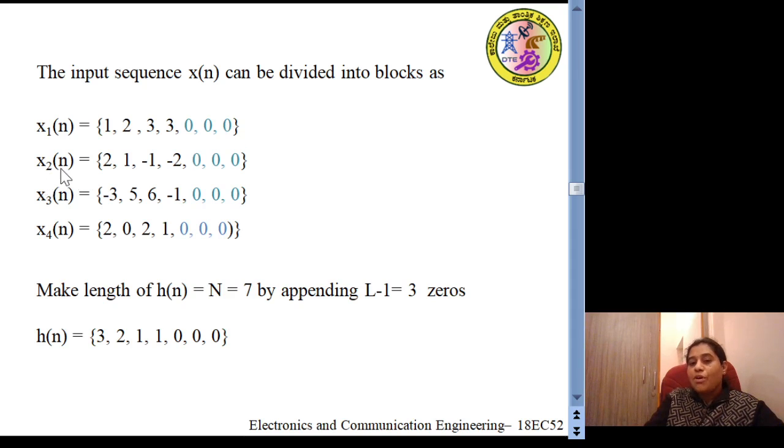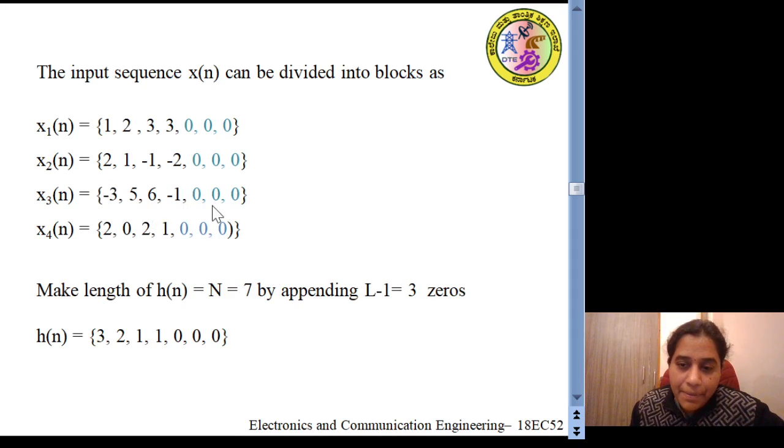Similarly, x2 of n has the next 4 samples of x of n, 2, 1, minus 1 and 2. And these 3 zeros are appended to make the length of x2 of n as 7. Next, x3 of n, the third block of input, has the next 4 samples, that is minus 3, 5, 6 and minus 1.